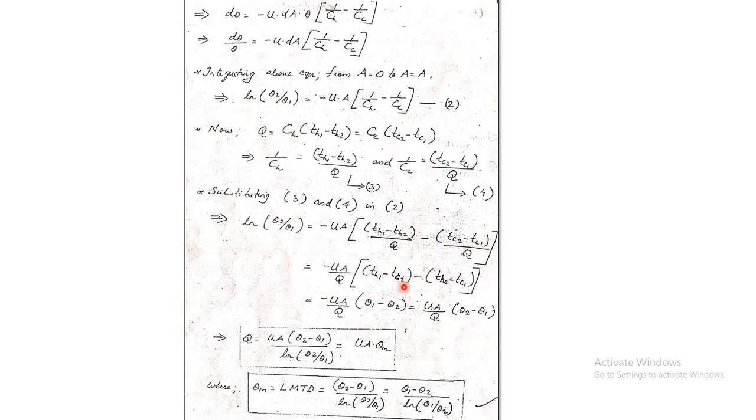Tc2 is minus here, minus of Th2, Th2 is minus and Tc1 is a positive quantity. So minus of (Th2 minus Tc1), so that is theta 2. And take this minus sign within the bracket. So you will get UA by Q (theta 2 minus theta 1).